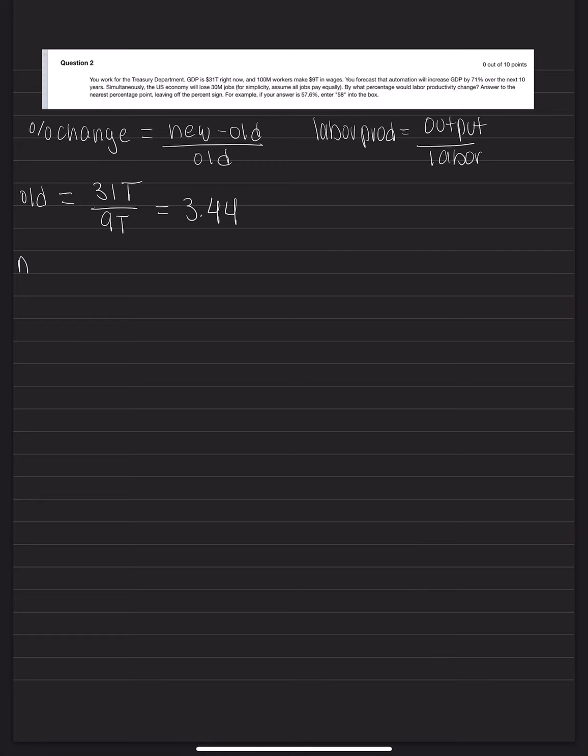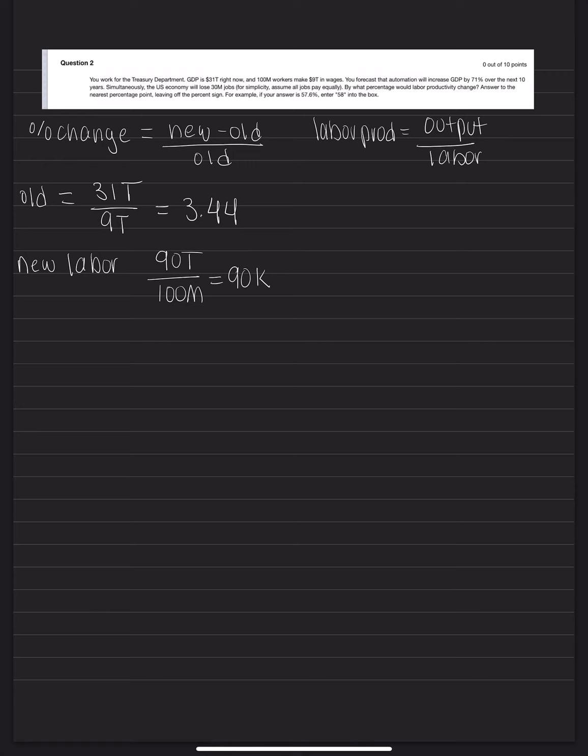So the new labor, now, if we know that 100 million workers made $9 trillion, we can do 9 trillion divided by 100 million to figure out that each labor worker costs $90,000.